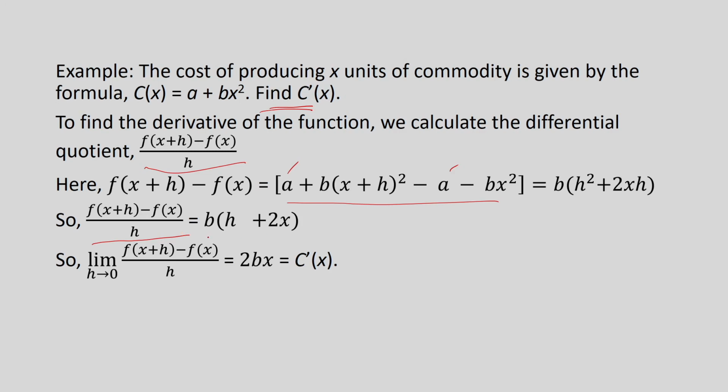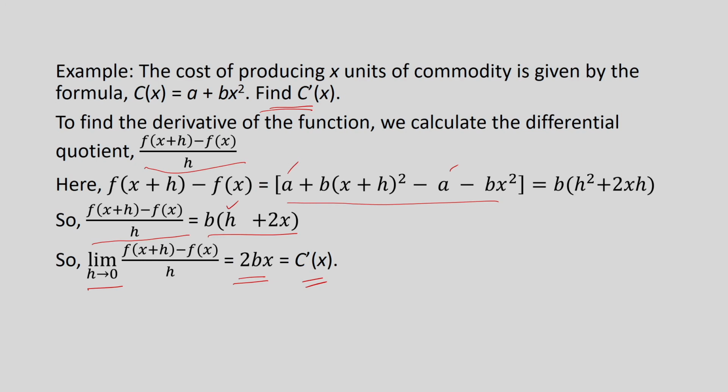So, we get b multiplied by h plus 2 x, and then I take h limit going to 0. This term will drop out and we will be left with 2 b x, and this is our C prime x or C dashed x.